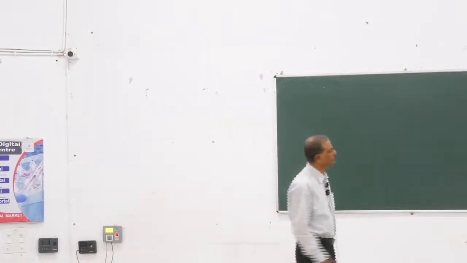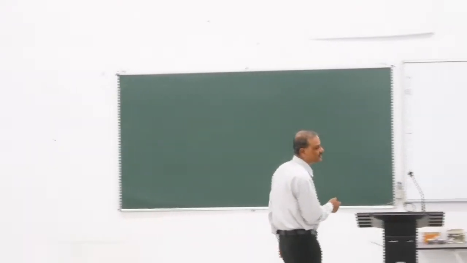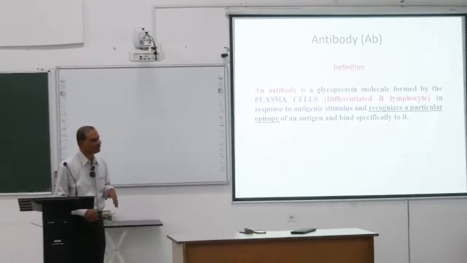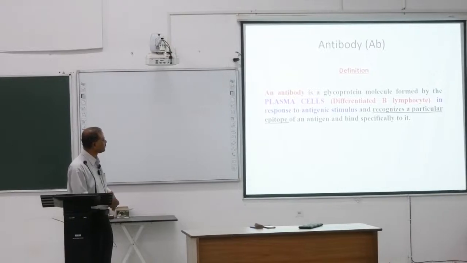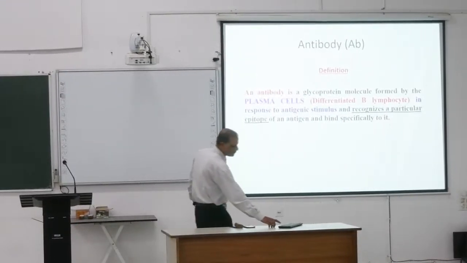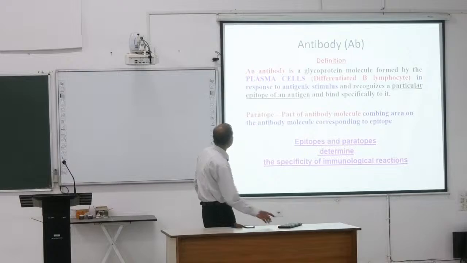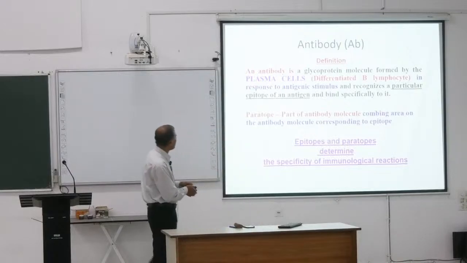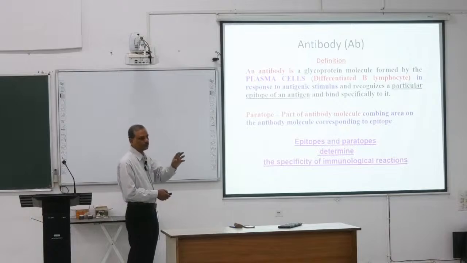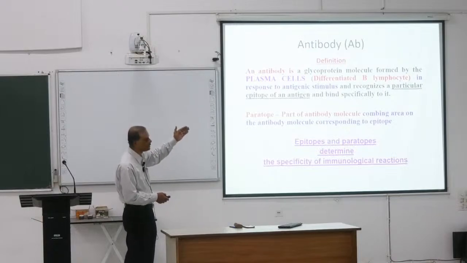So antibody is produced by the plasma cells, and these are differentiated B lymphocytes, and they recognize a particular part of the antigen that is called the epitope. So the epitope is a particular part of the antigen that is recognized by the antibody.